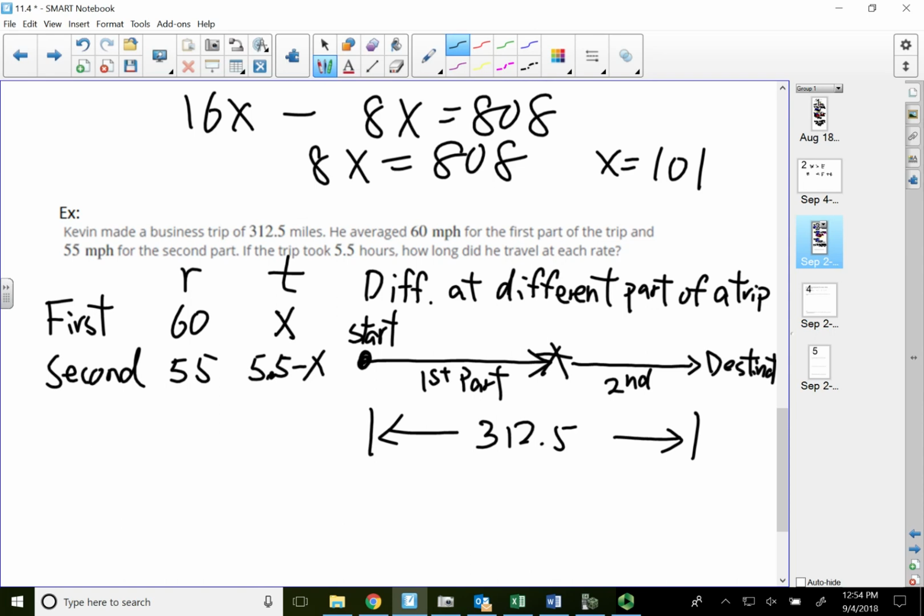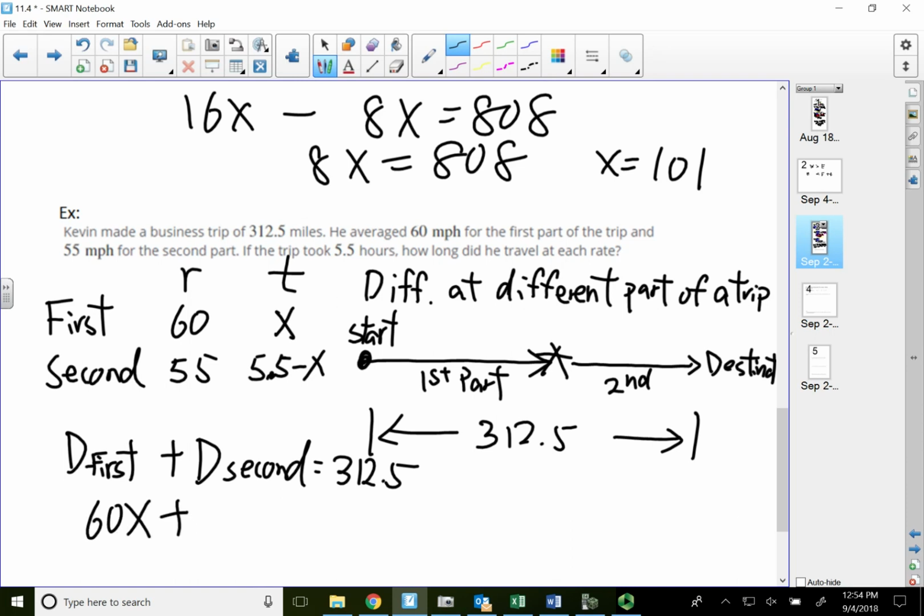So the distance for the first part of the trip plus the distance of the second part of the trip has got to equal 312.5. So the distance for the first part, rate times time, which is 60x, plus the distance for the second part of the trip, rate times time, 55 times (5.5 minus x), equals 312.5.